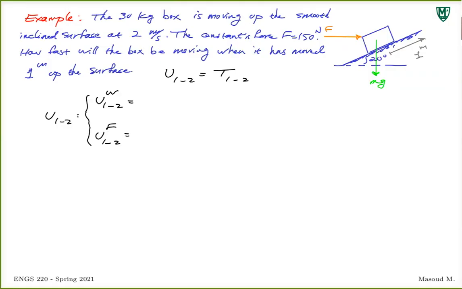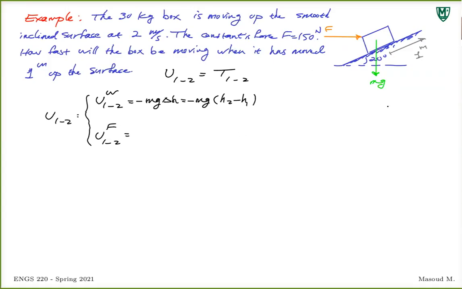Now, this is going up. Right? Let me just expand everything. Minus mg delta H. It's going to be minus mg H2 minus H1.